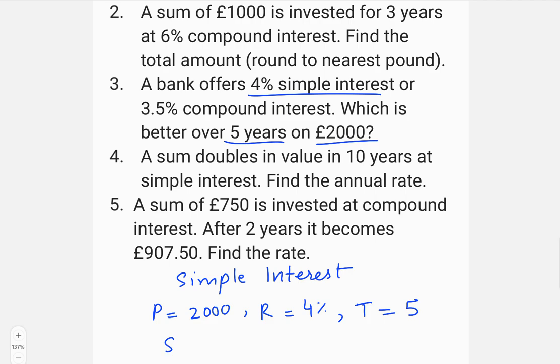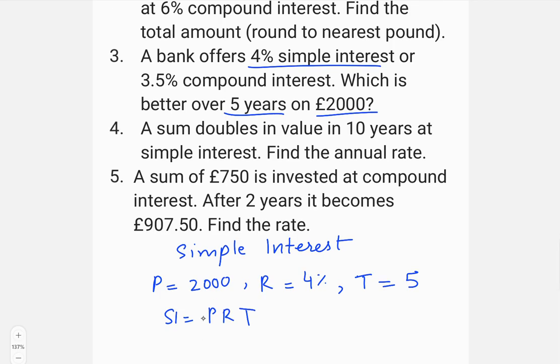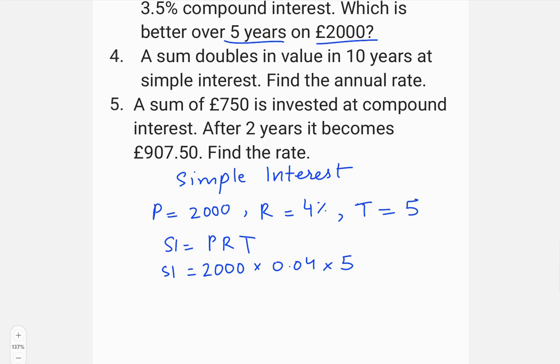So simple interest means PRT. So PRT, you could do principal 2000, rate 0.04, time 5 years. And you're just gonna put it on calculator and it's going to give you 400.